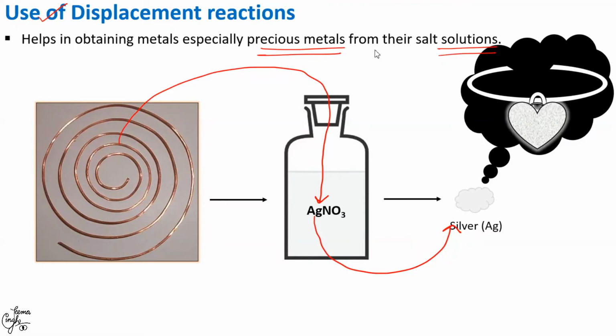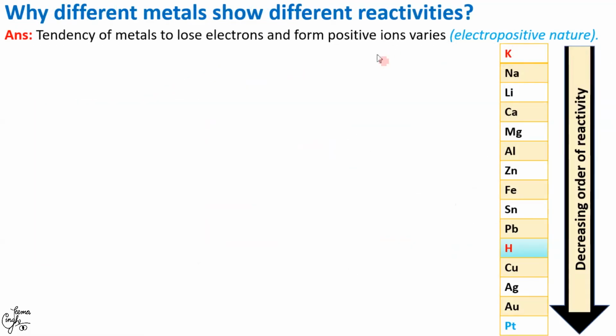Let us now try and find out the reason for different metals showing different reactivities, or the basis of the reactivity series at atomic or electronic level. The reason is the variation in tendency of metals to lose electrons, which is known as the electropositive nature.